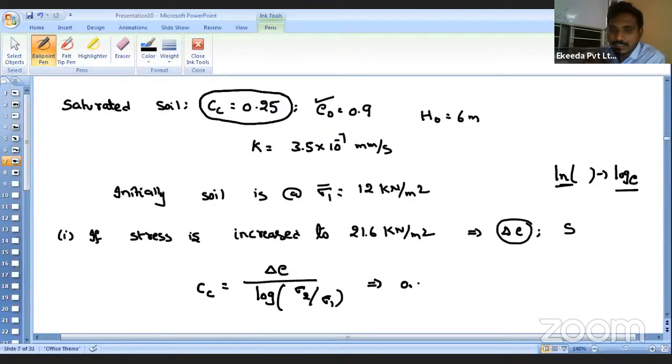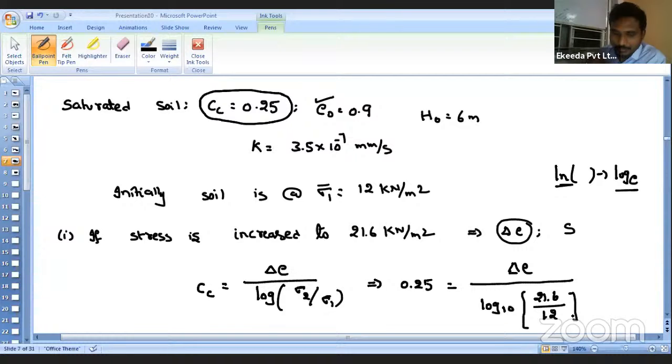Cc is given as 0.25. That will be equal to the change in void ratio, which we have to find out, divided by log 10 of the final effective stress, which has increased to 21.6, divided by the initial stress, which is 12.